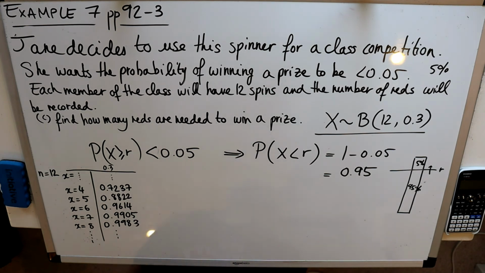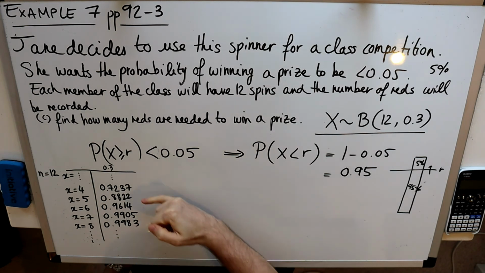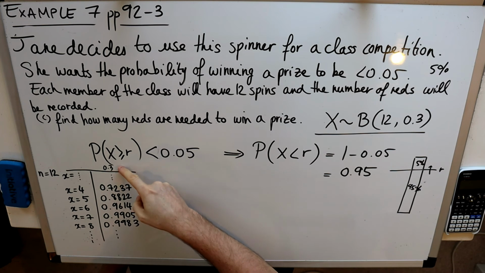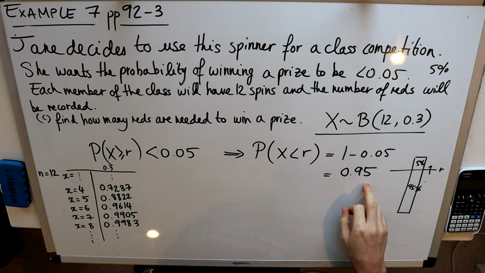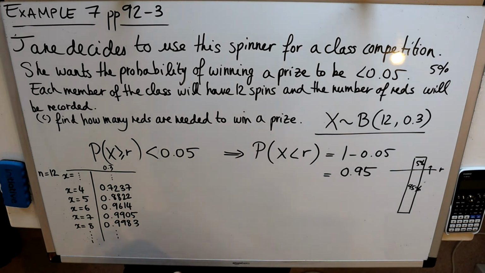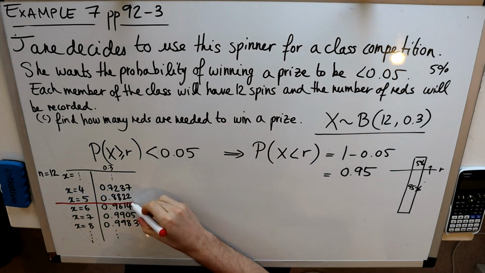You might not be able to see very well on the screen, but you just get a list of probabilities. I look for 0.3, I look for n equals 12. I've only written down 4 to 8 because that's where the interesting stuff happens. What I'm looking for is when it goes over 0.95, and that break happens here.